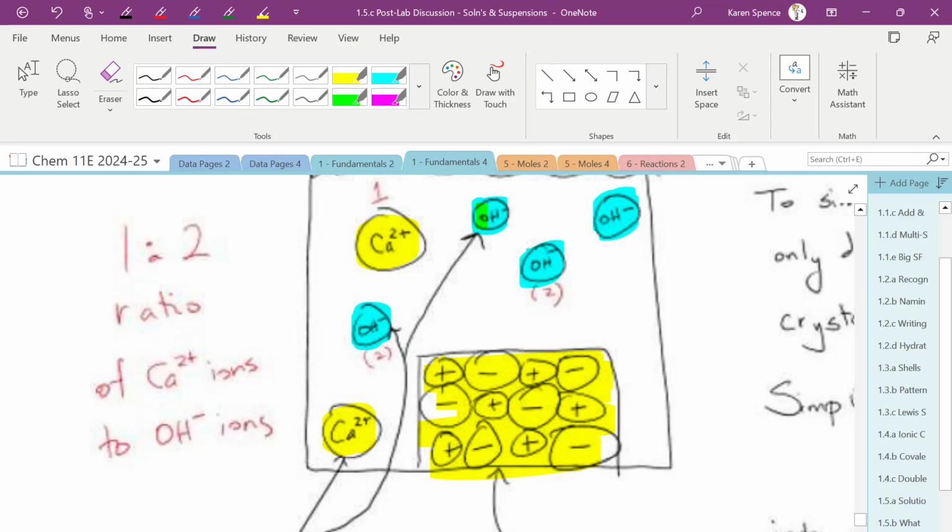There's 1 calcium for every 2 hydroxide ions. So you can see in this particular diagram, I've got 2 calcium. How many hydroxides do I need for that? I need 4, right? Twice as many.